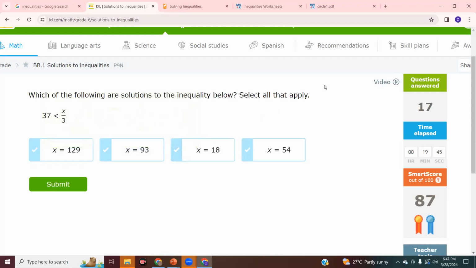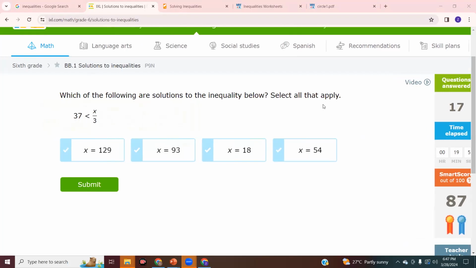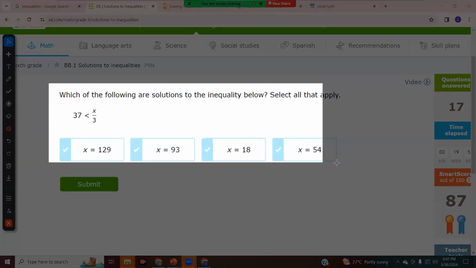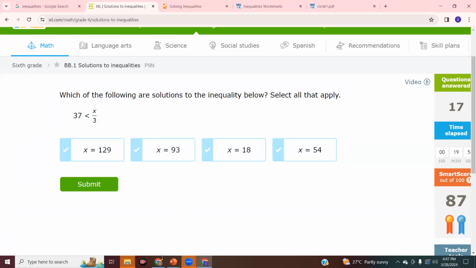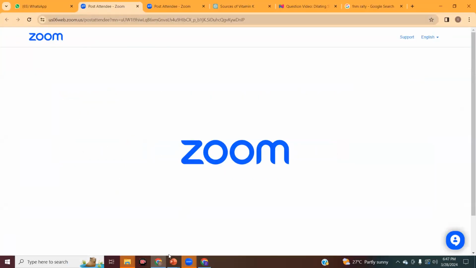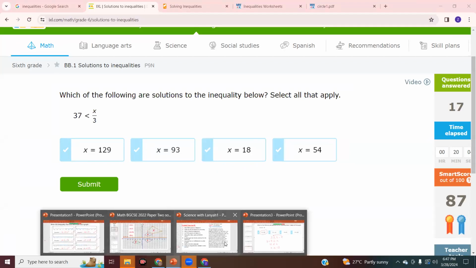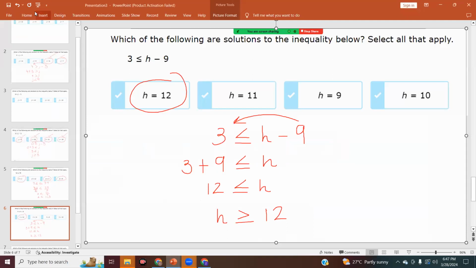Okay, so for this one, this is another one. This one is also interesting. So we have, again, please write this down. Aaliyah, where's Aaliyah?